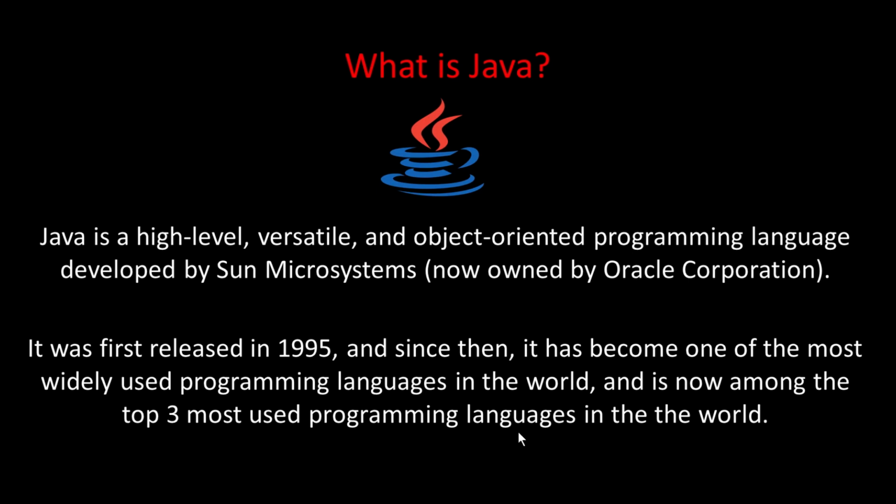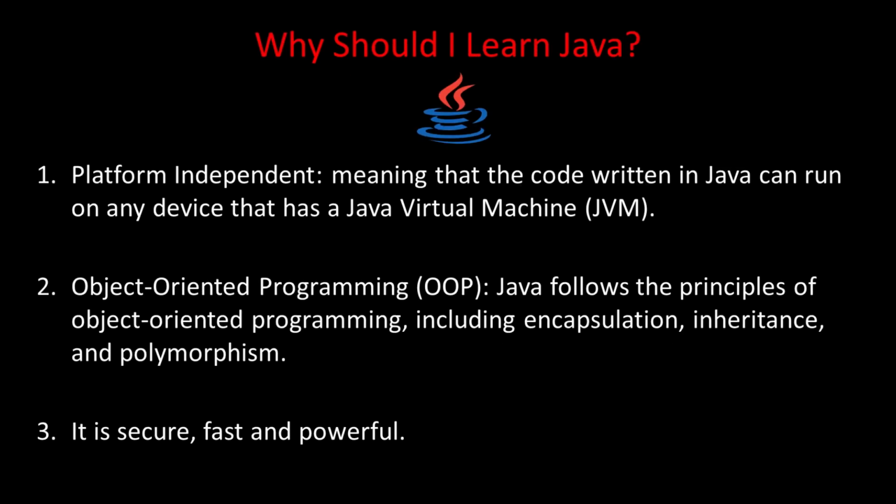The next lesson for today is, why should I learn Java? Well, there are so many reasons why you should learn Java, but I will just highlight a few for you. Number one, Java is platform independent, meaning that the code written in Java can run on any device that has a Java virtual machine. Number two, object-oriented programming.